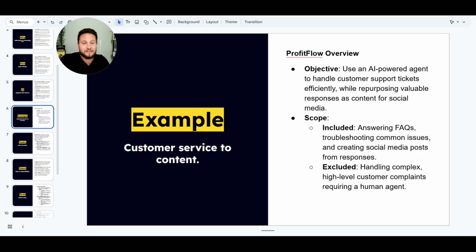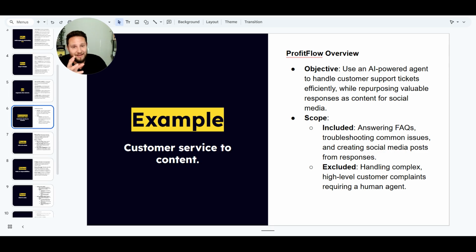Now, because of the functionality of an AI-augmented profit flow, we can bring the cost basis down and train the AI agent to do this type of stuff. It becomes affordable, flexible, and accessible. So in the answers, you're going to troubleshoot common issues and create social media posts from responses.